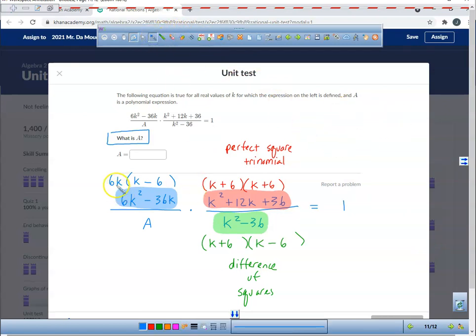Let's look at the numerator. It has a 6k, a k minus 6, and a k plus 6 and another k plus 6.